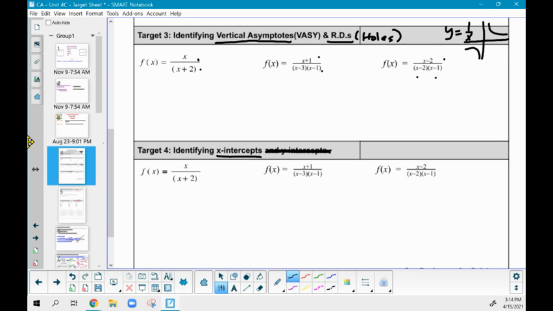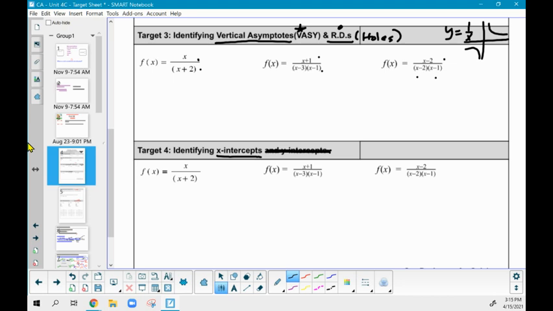So for vertical asymptotes and holes, the formal word for a hole is removable point of discontinuity. Removable discontinuity: removable meaning it comes out of the fraction, and discontinuous means it causes a break. So we've got to figure out when there is just a vertical asymptote or when there is a hole. I want you to look at the first three under target 3. They all look super similar.